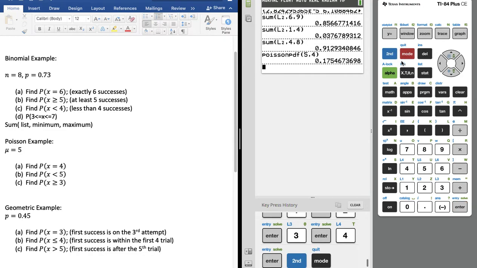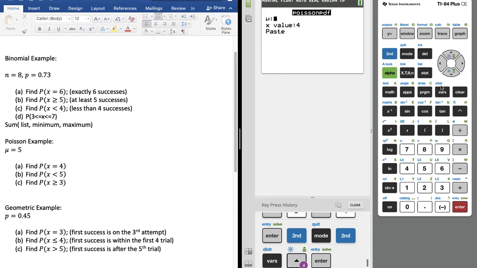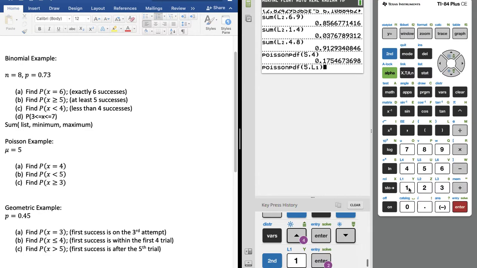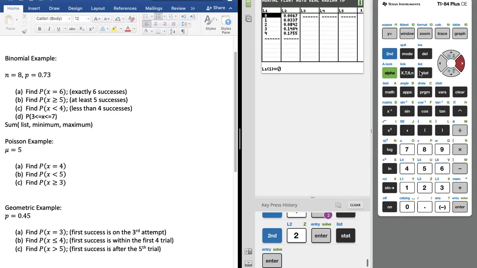So we're going to exit out of that. Then we're going to go into Poisson. Okay, our average is still 5. Our x value now is going to be in list 1. We're going to paste, and we're going to store that in list 2. Okay, so again, to access this, you can take a look. And again, you're more than welcome to just add these up by hand.